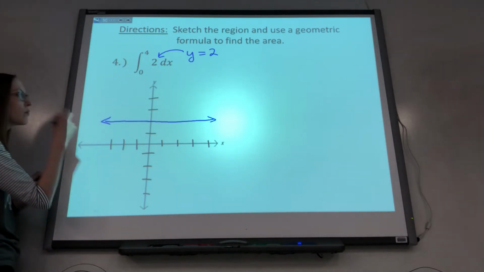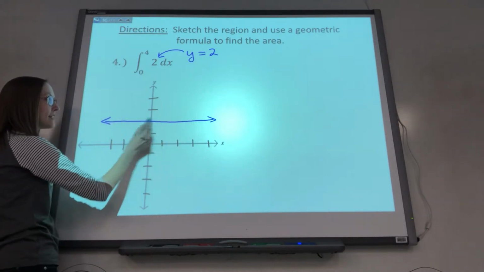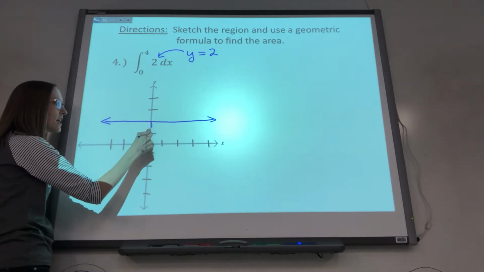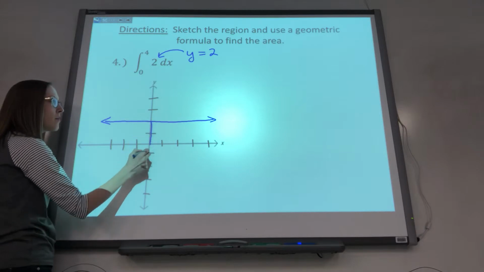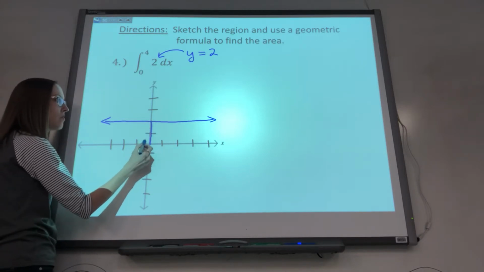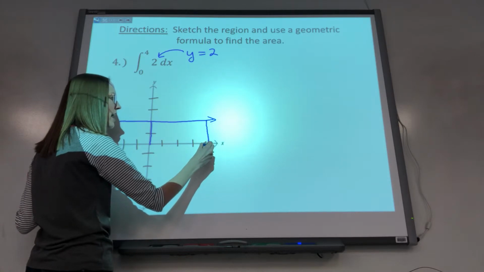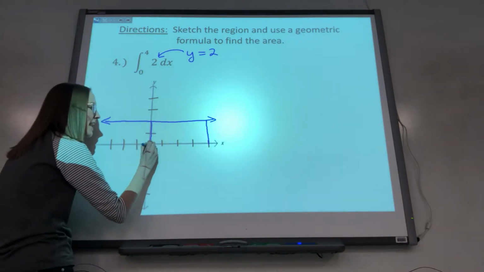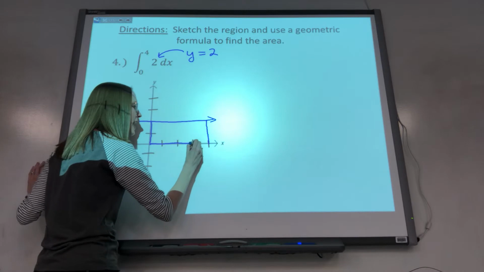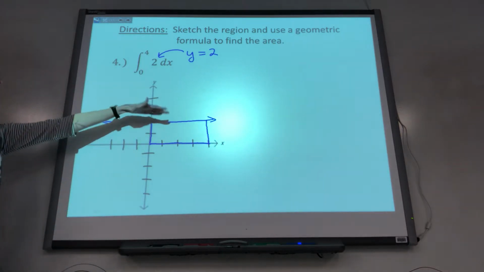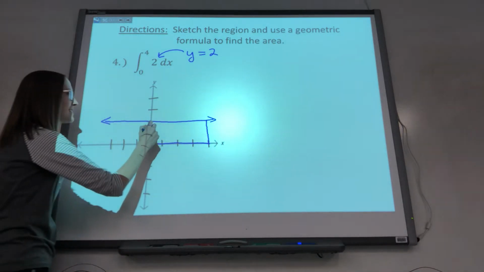So here's what I would do. From this horizontal line, come straight down from where x is 0, and come straight down right here where x is 4. And again, you're always finding the area between the function and the x-axis.